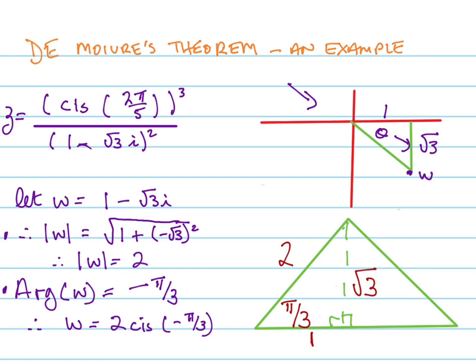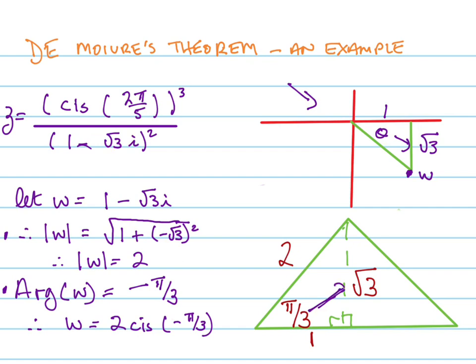So the modulus, well, we're going to rely on Pythagoras' theorem and our equilateral triangle of exact trigonometric ratios. Because I've plotted the complex number here, I can see that theta needs to be opposite the square root of 3. So, we can see that tan pi on 3 is equal to root 3 over 1.